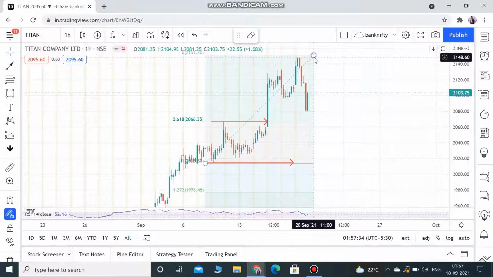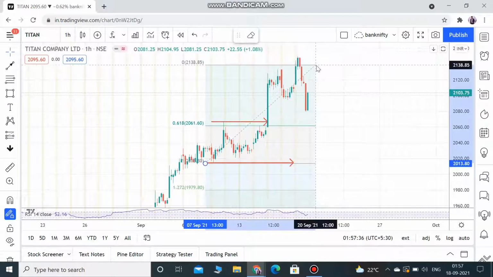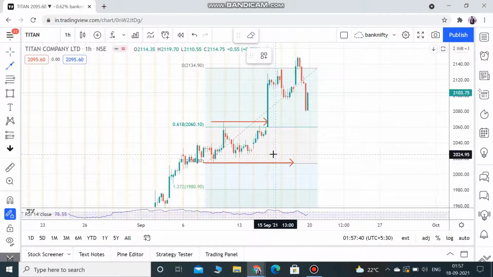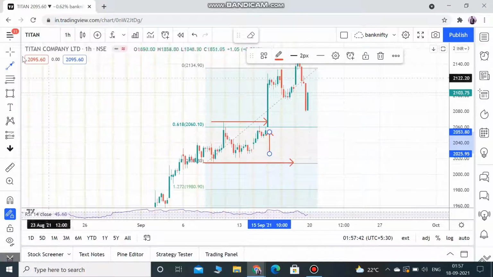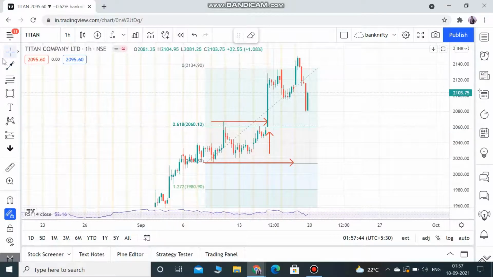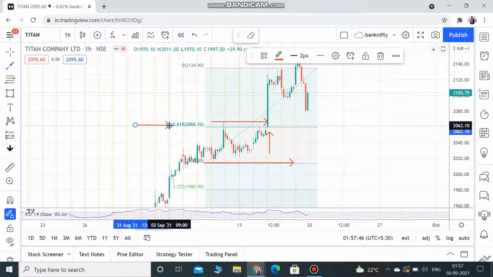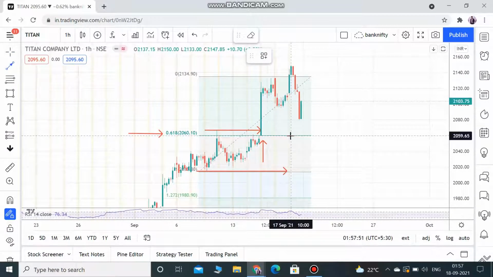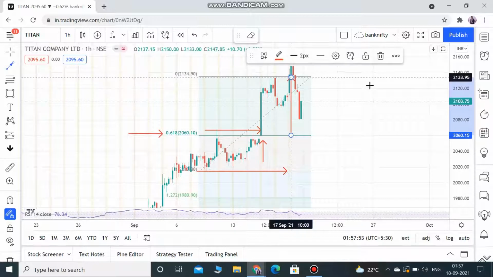I just explained that it has moved from this particular candle. If you want to be on the safer side, just make sure this low is your Fibonacci 61, which is matching. Hope you guys agree with this, and a safe target till my level.